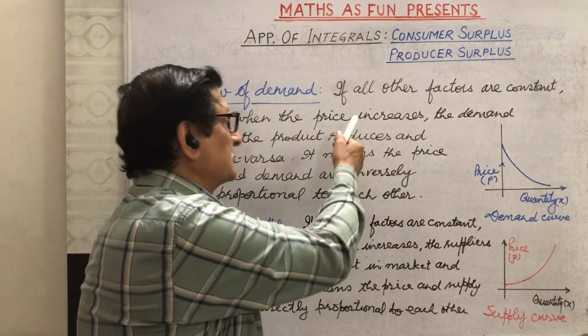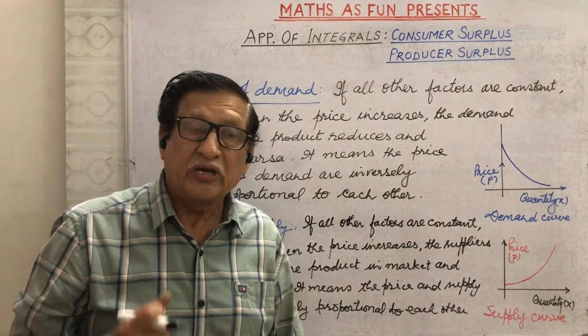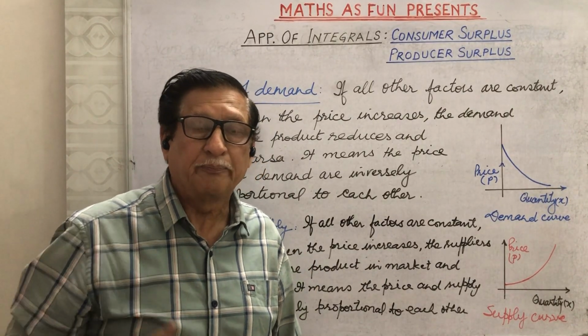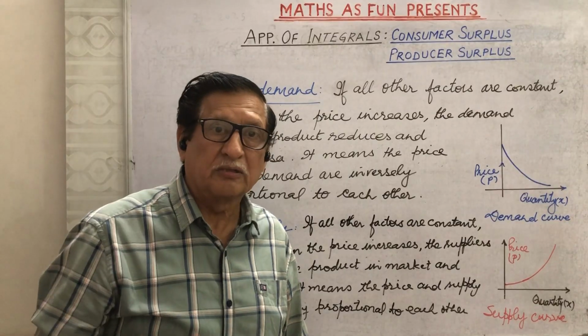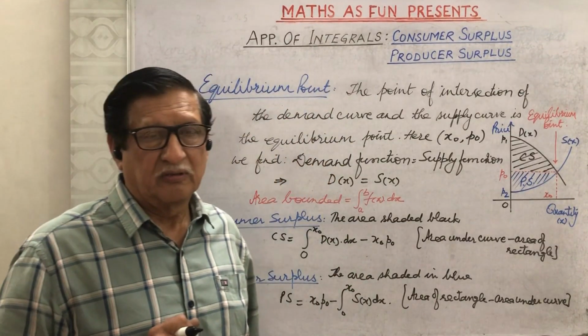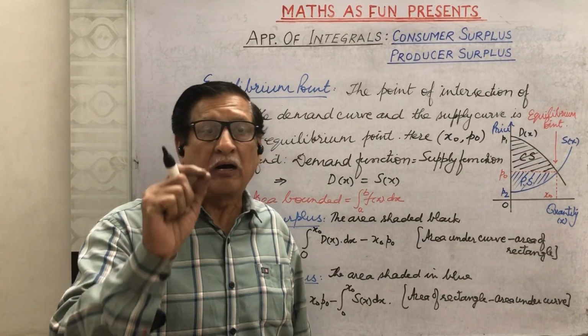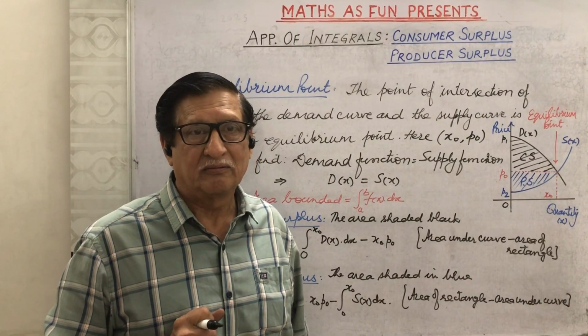So after understanding the law of demand and law of supply, we are to learn about the equilibrium point. Let's learn about that now. So what is the equilibrium point? At this point we find that the demand and the supply are almost equal.